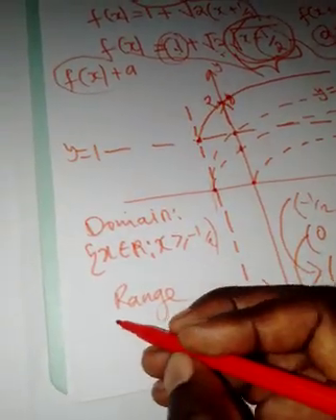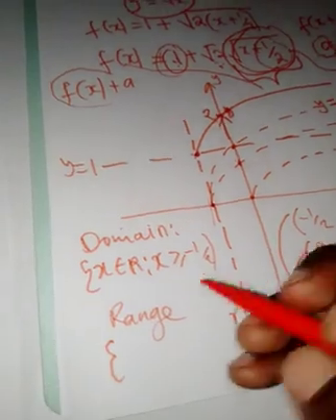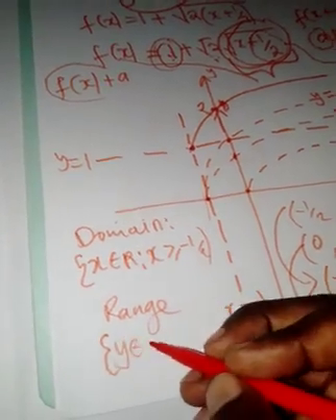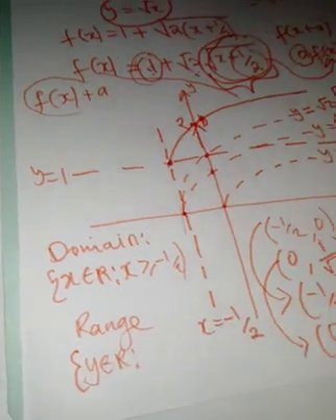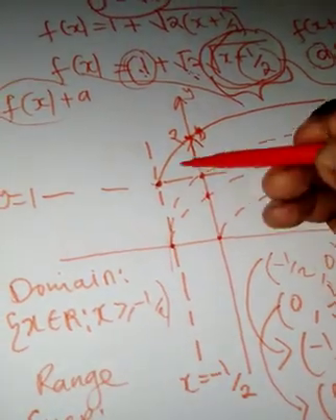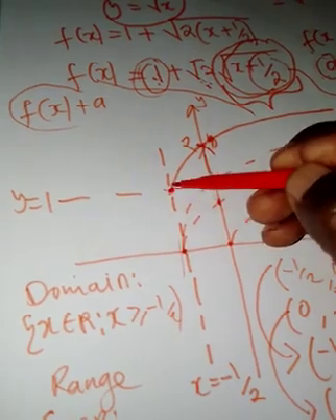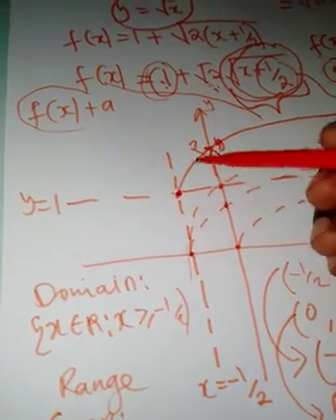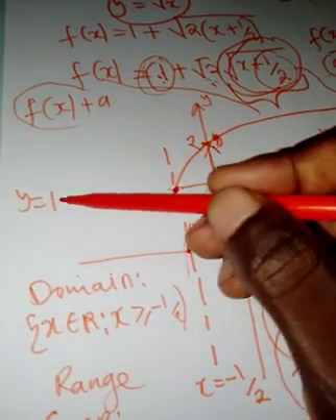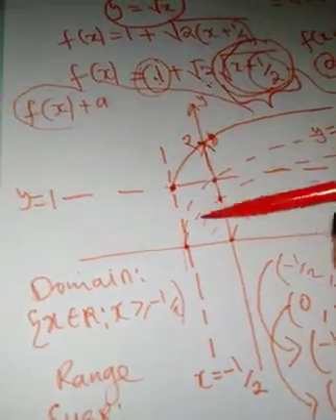Then range. We should state y is a member of real numbers such that, let's check. This is the starting point of our graph. What is the y value at this point? As you can see, it's 1. This is where the graph y equals 1 is passing.